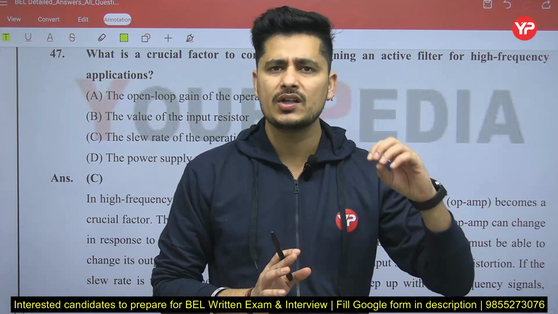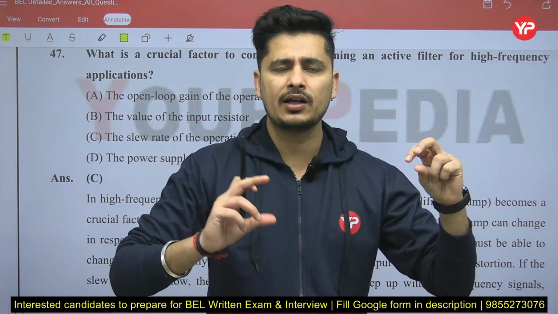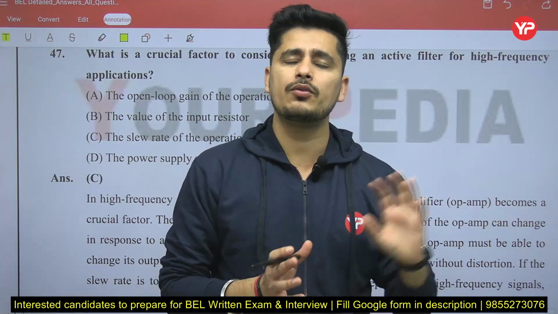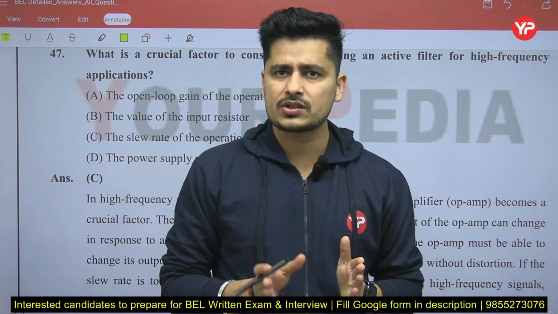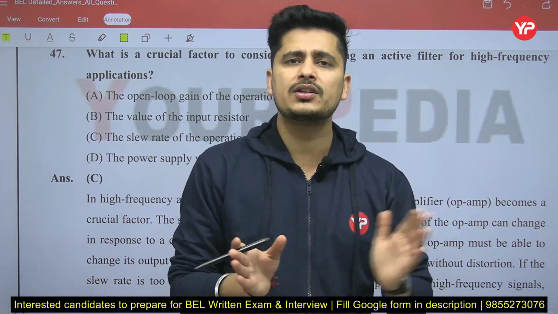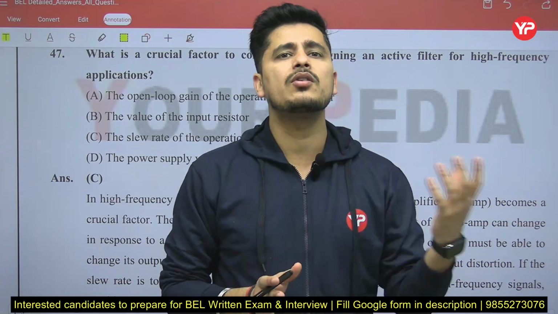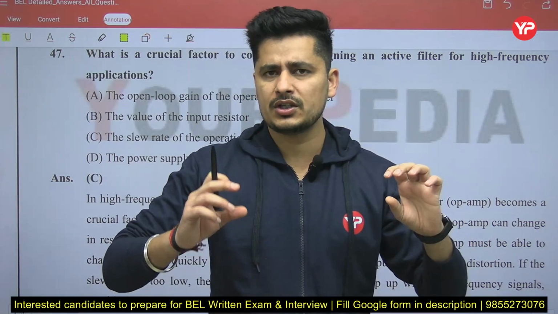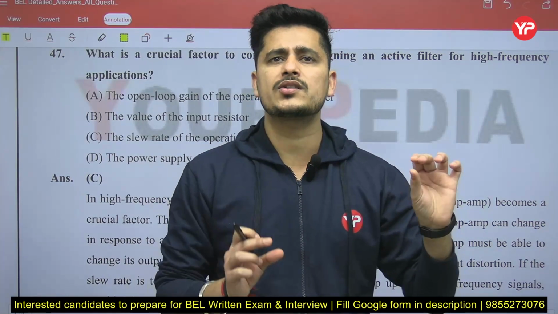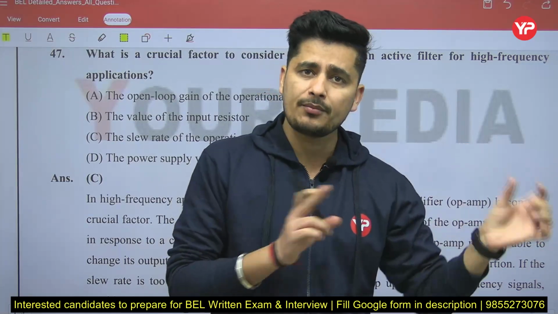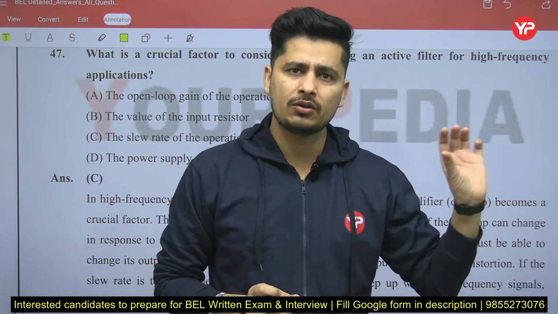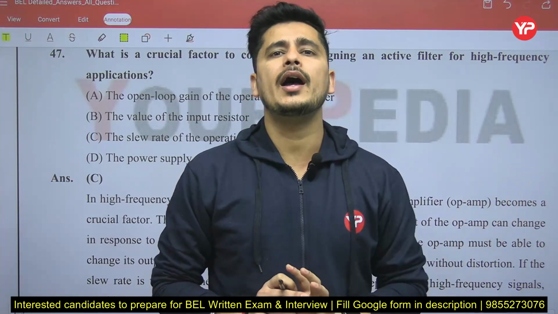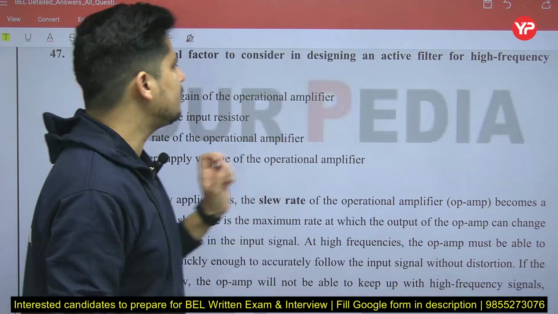Slew rate is how fast your input changes and how fast the output reflects that change. So if your system cannot cope with this slew rate, then there will be error, right? If your input is changing very fast and the output cannot cope with this change, it will not change according to the input, so there will be an error, right? So that is the main thing.